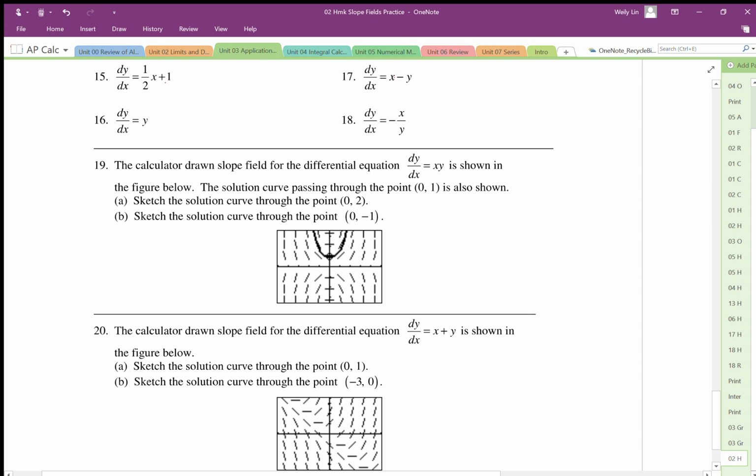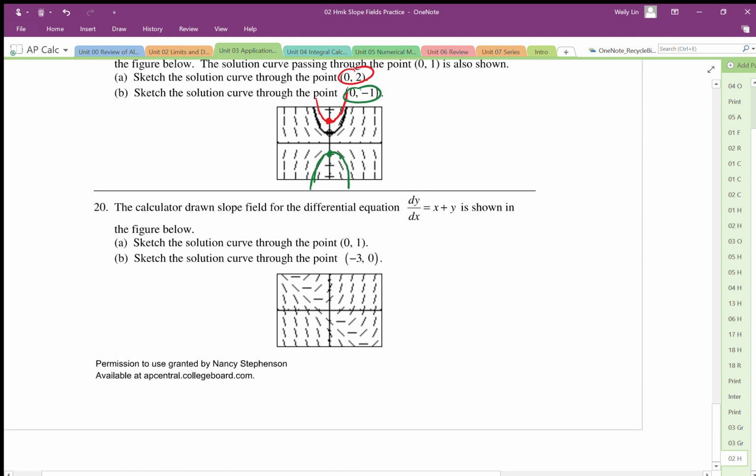If I do the same thing at 0, 2, that point right there, if I follow the slope lines, I get this shape. Okay, if at 0, -1, that means I'm starting here. If I follow the slope lines through that, it looks like it's going to follow like that. Okay, so that's going to be my graph through that slope field.